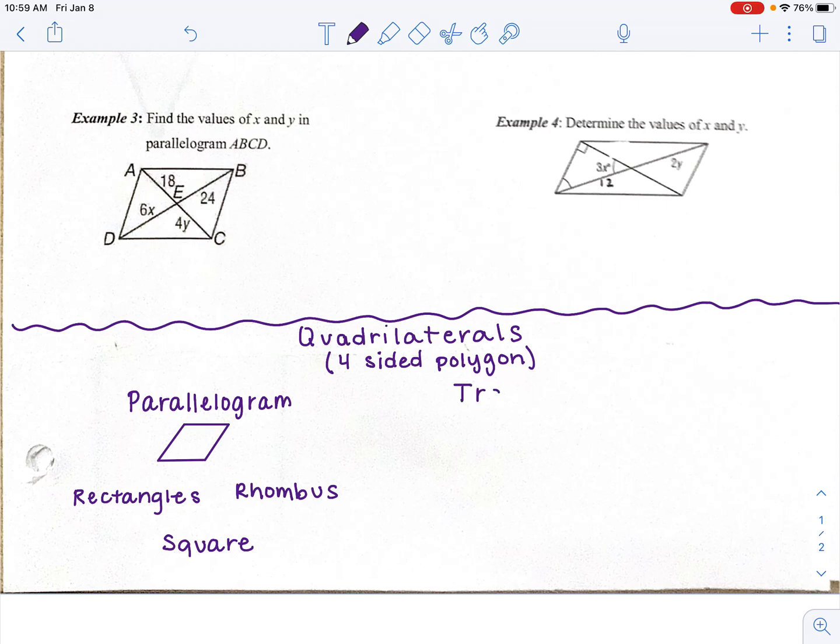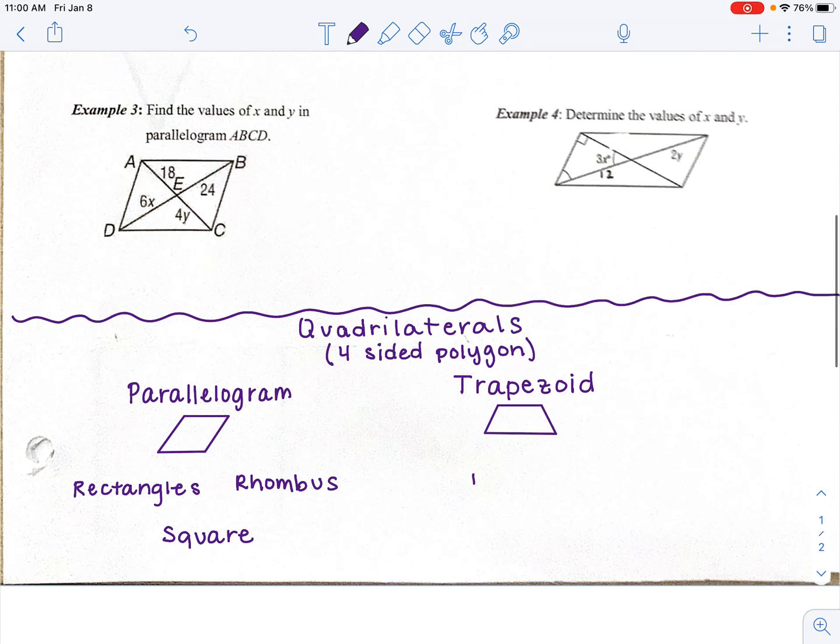We also have the trapezoid family, which also includes the isosceles trapezoid.